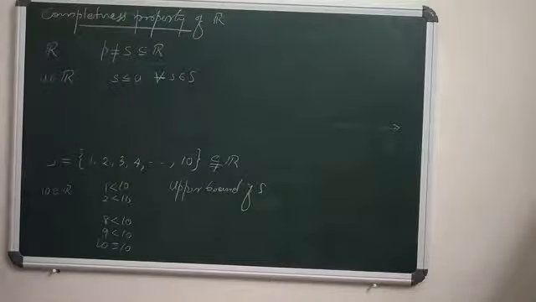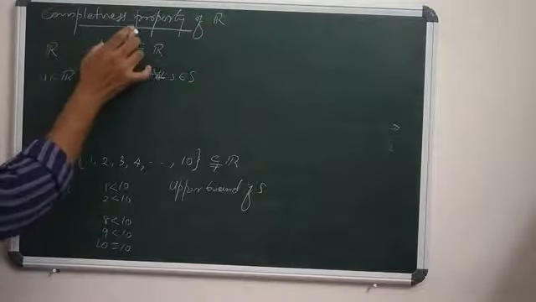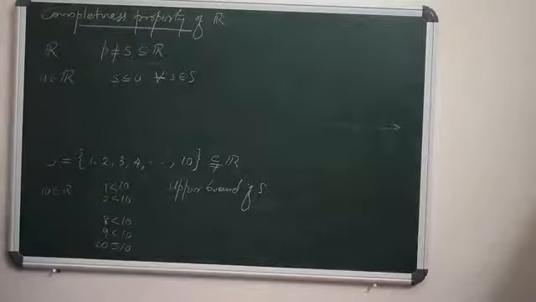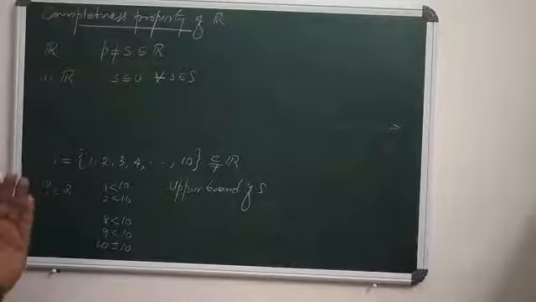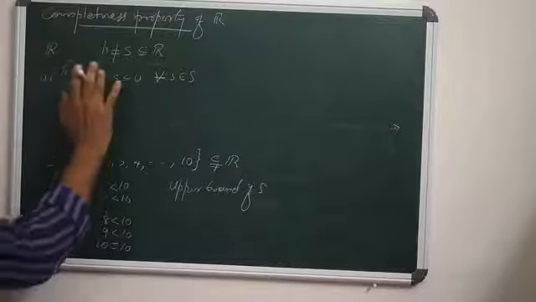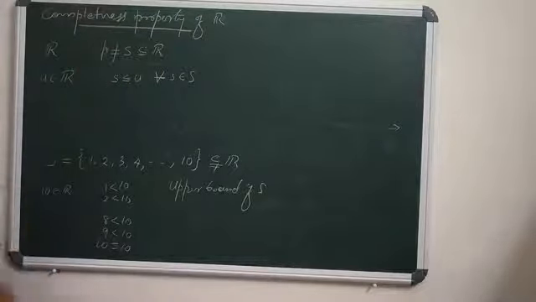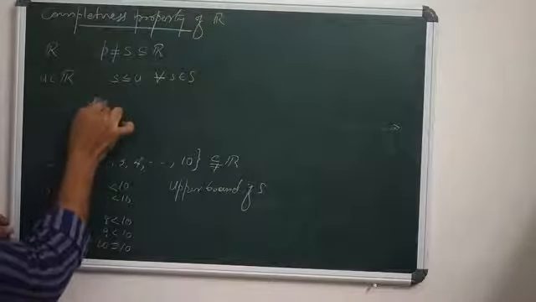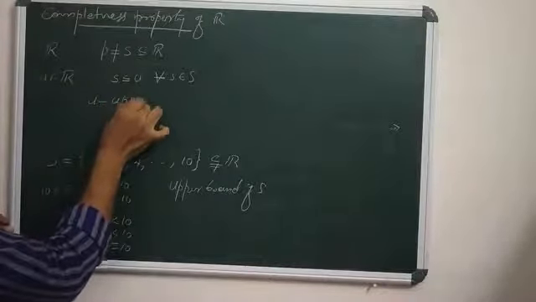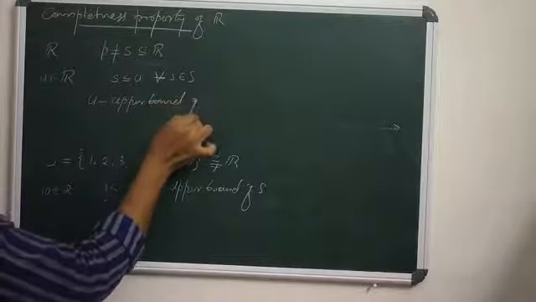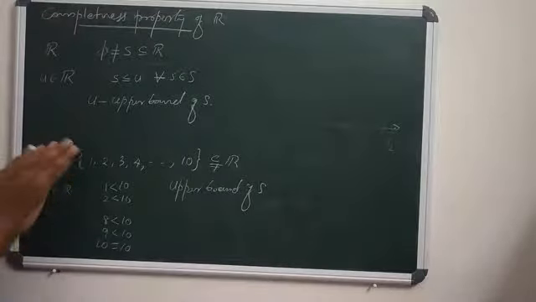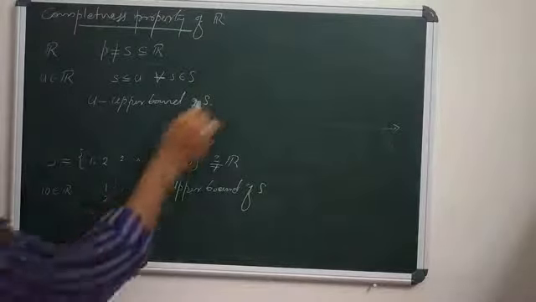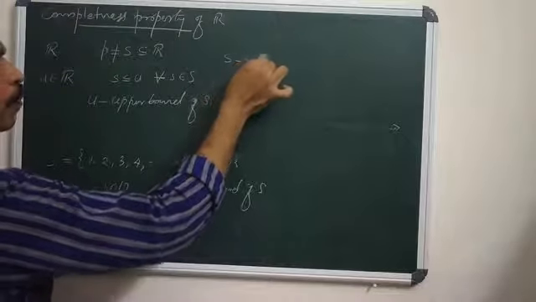So, come to the generalization. If S is a non-empty subset of R, and you choose a real number U such that for any s in S, s is less than or equal to U, then this U is said to be an upper bound of S. If a set S has an upper bound, then that set is said to be bounded above.